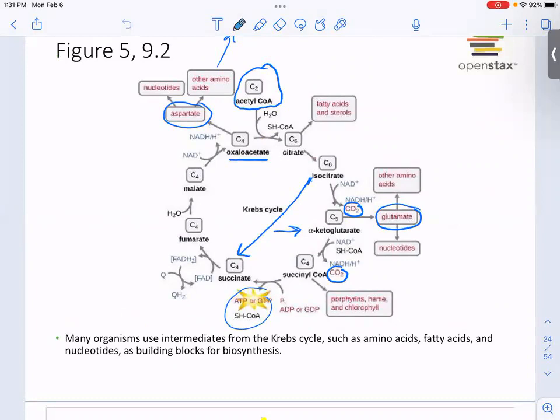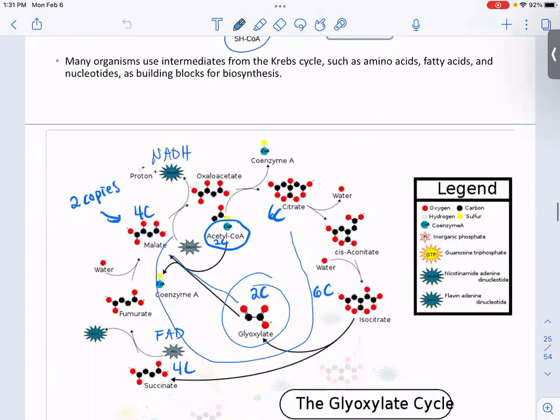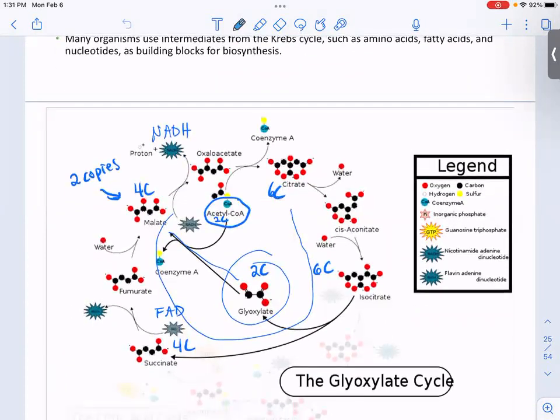If they have a specific enzyme that allows them to cut that off, then they can conserve those carbons. They are added together with another acetyl-CoA to make an additional malate, not just the one that you get from the Krebs cycle, but an additional one. That can then be used to make lots of different cellular structures.